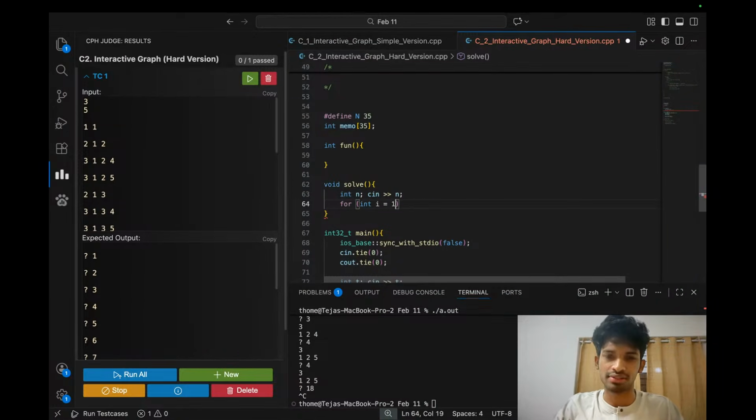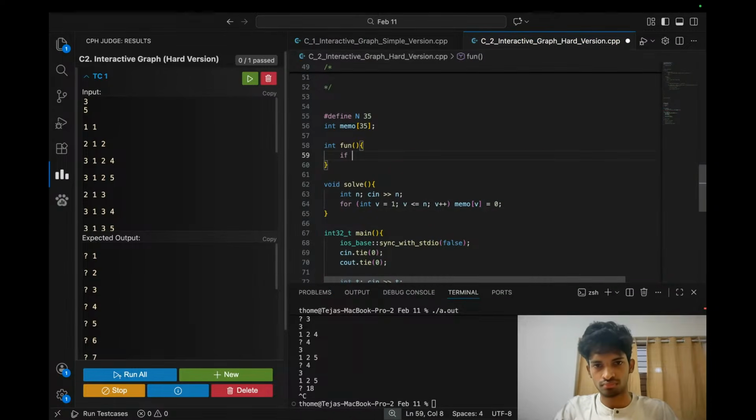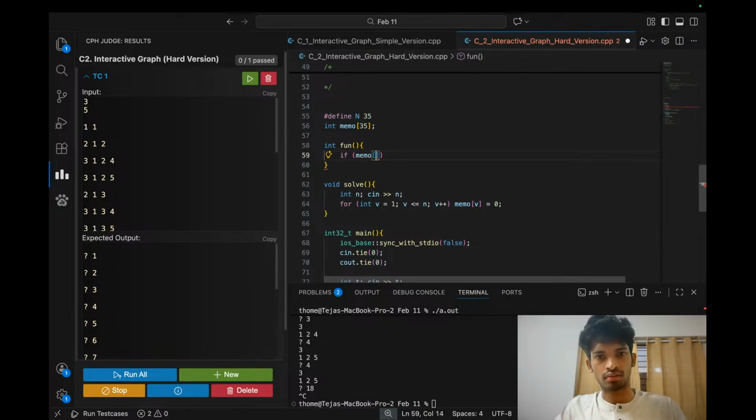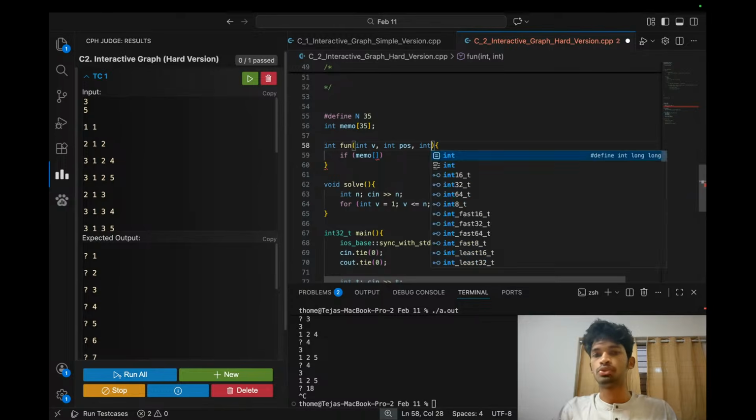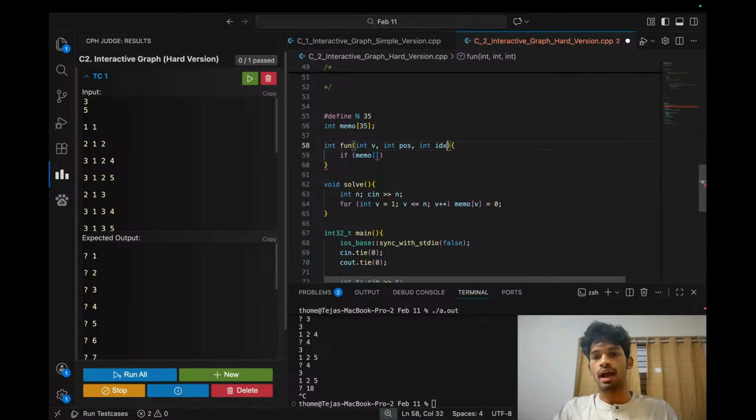I'll use V. You have V, you have some position, you have some IDX. Okay, in the path from where this character V starts, you have this IDX.